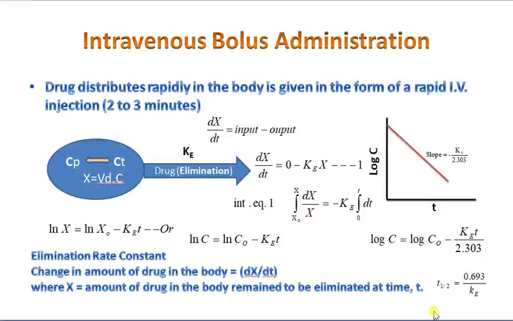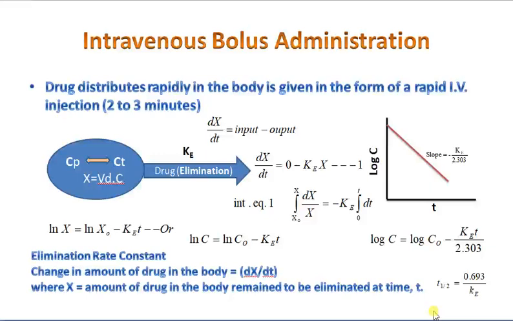The mass balance equation is represented as: the rate of change of drug in body is equal to input minus output. Further, input is 0 because the drug is injected as an IV bolus.